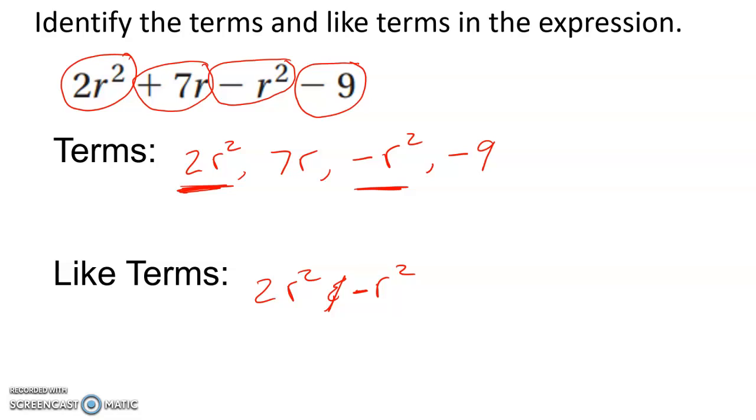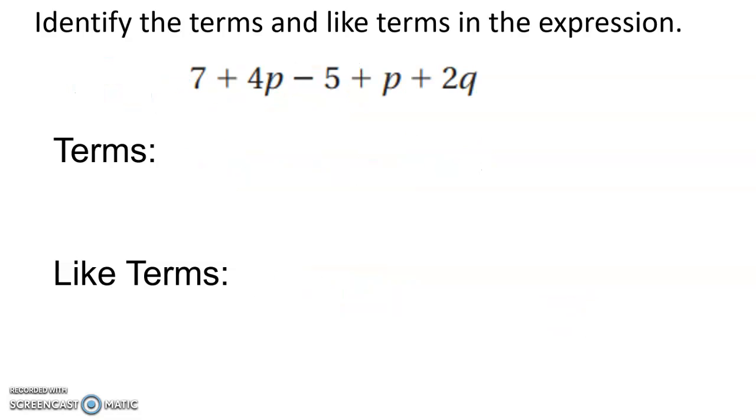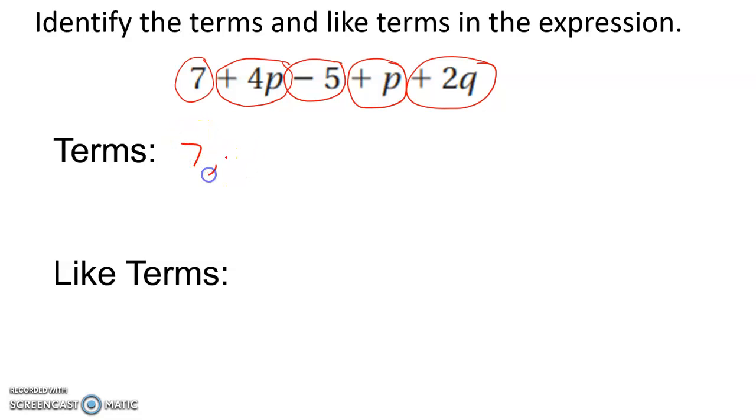All right, let's go ahead and turn the page. So try this one. This one has 5 terms. Remember, you can always pause the video if I'm going too fast for you. So we have 7, 4p, negative 5, p, and 2q.